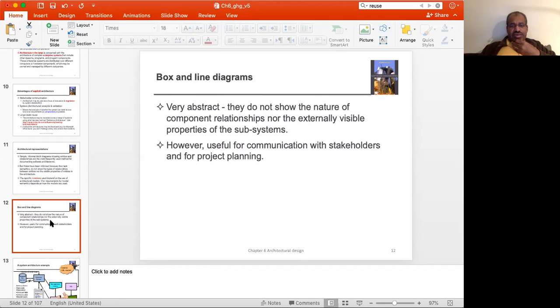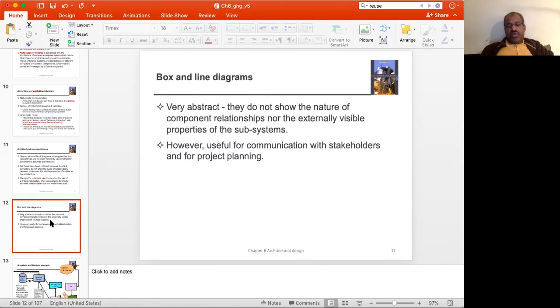So box and line diagrams tend to be too abstract. They don't show enough of the nature of the components, relationships, or the externally visible properties and qualities that should be generated by this configuration of components that you've decided upon in your software architecture.